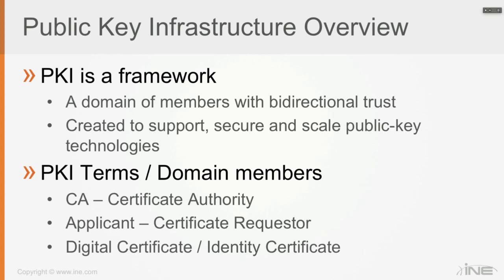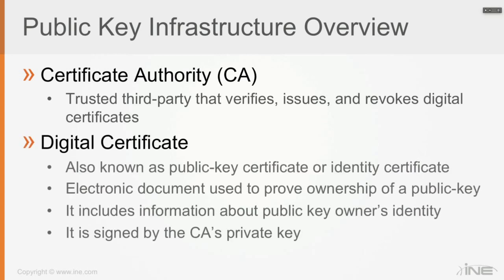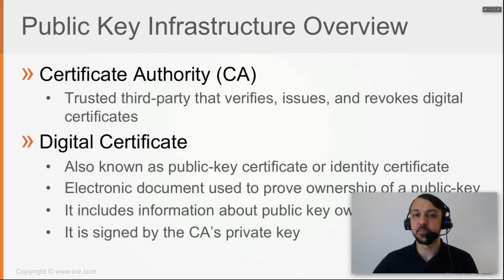So how this works is that the CA is going to be that trusted third party that verifies, issues, and revokes digital certificates. And the digital certificate, also known as a public key certificate or identity certificate, is an electronic document used to prove ownership of a public key.